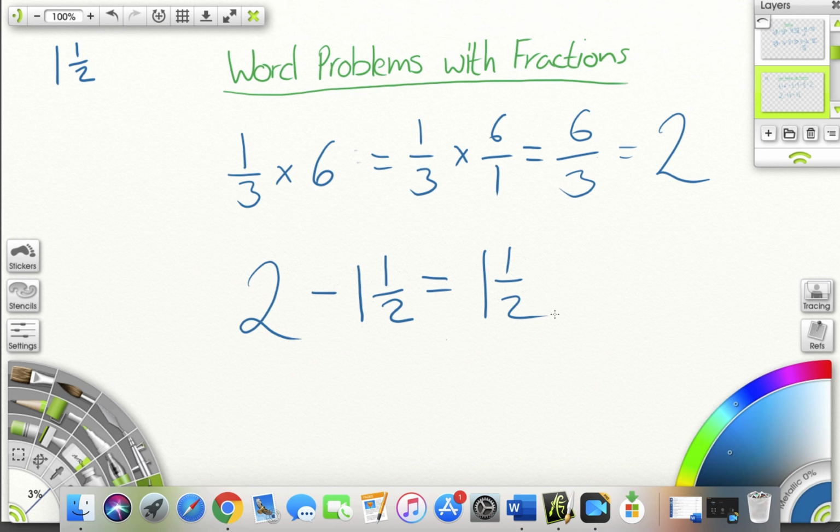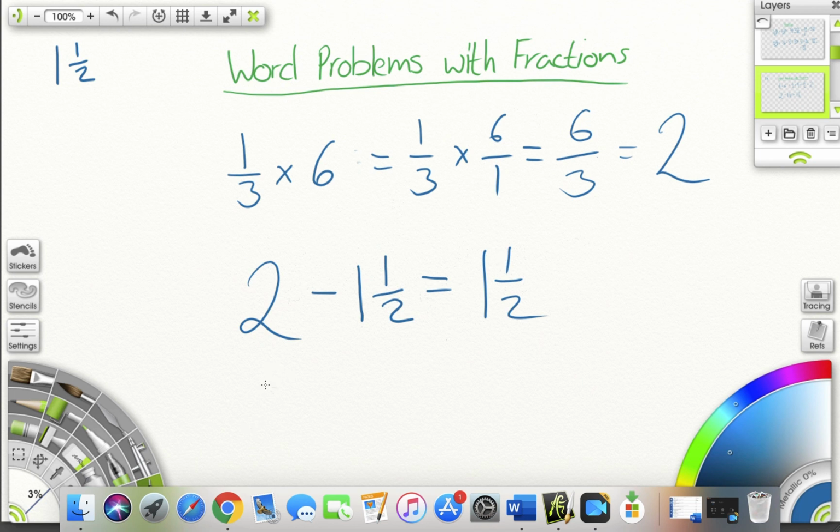And that's that. However, does that look right? Not quite. So where did I go wrong? Because I did 2 and nothing minus 1 and 1/2. What I did is I did 2 minus 1, which gave me 1, and what I was left with is 1/2.